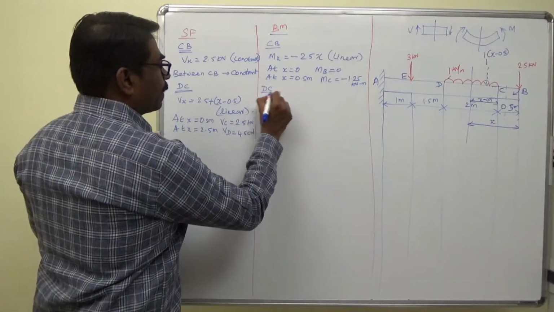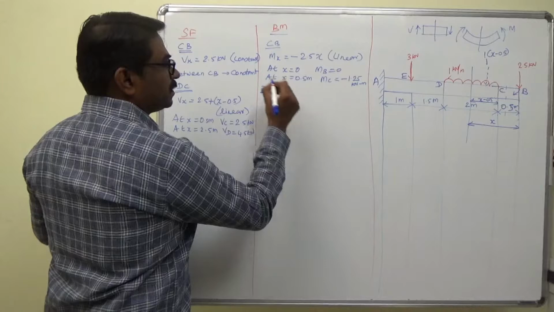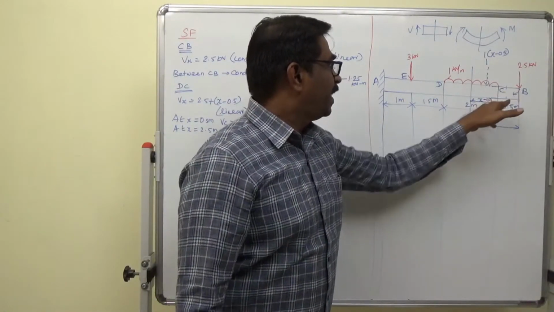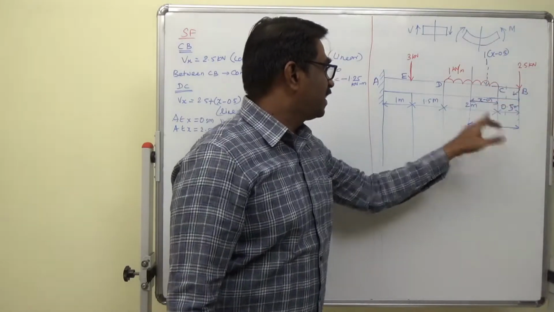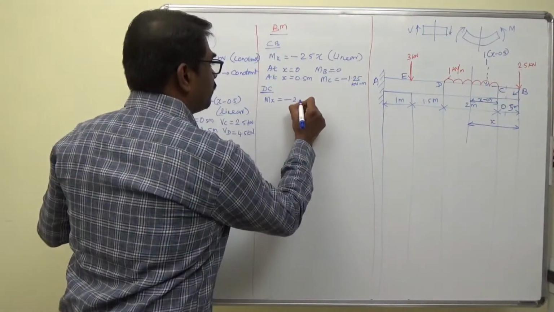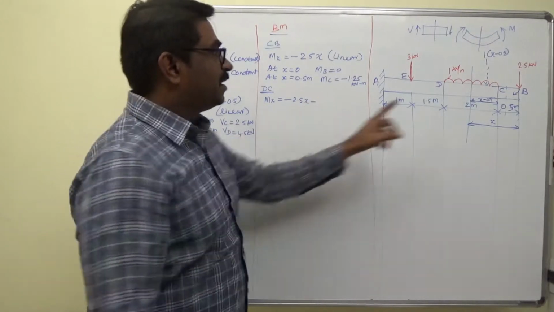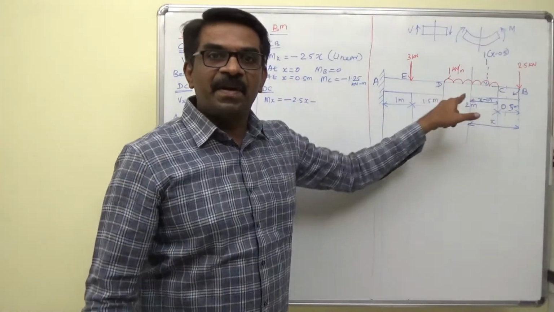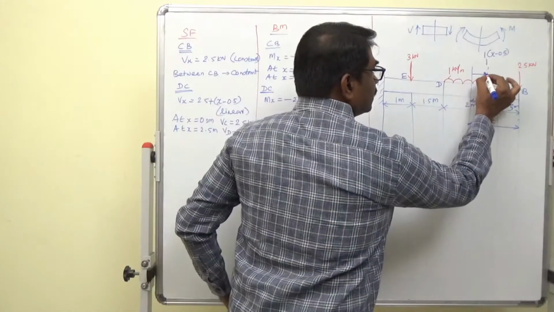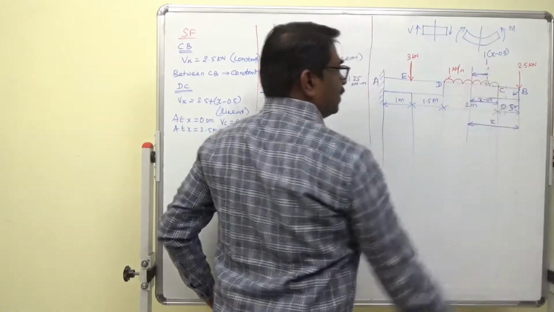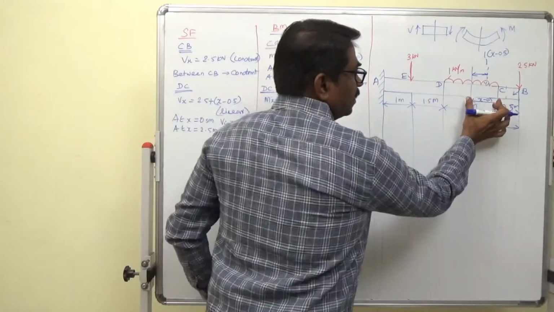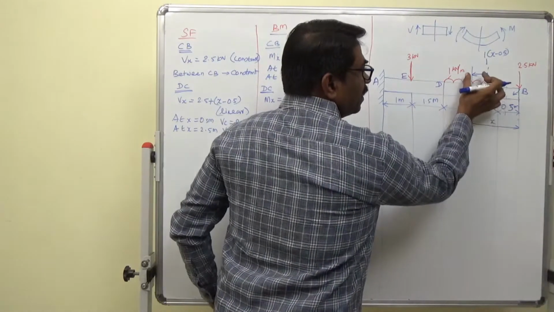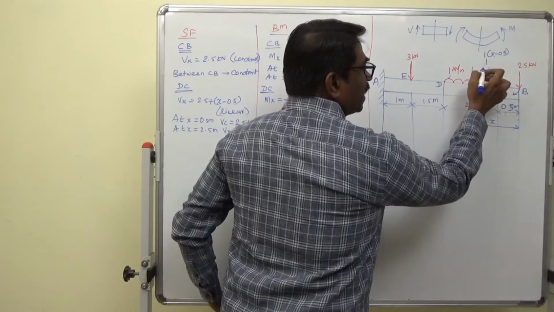Mx for segment DC. To the right, I have two forces. I have to find the bending moment. 2.5 clockwise into x, so minus 2.5 into x minus 0.5 is the force. What is the perpendicular distance? This distance is x minus 0.5, then it is half of that value.